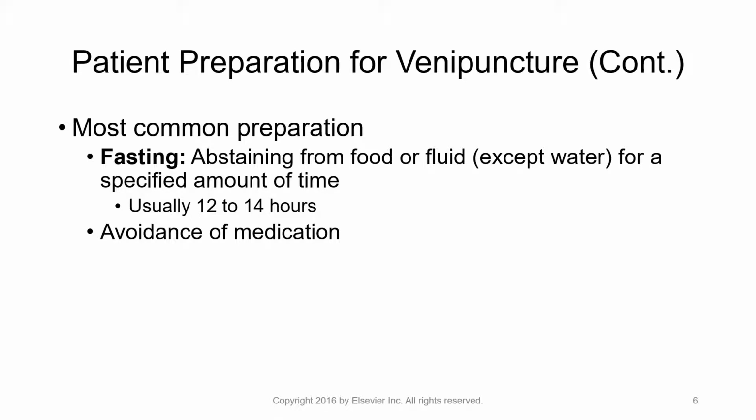Other common ones may be the avoidance of a medication, but as medical assistants, we need to make sure we understand that we never make a decision on what the patient's preparation should be. We go off of physician guidelines or established clinical protocols for what the patient preparations are. A great example is a comprehensive metabolic panel.